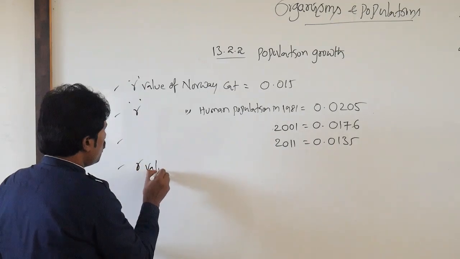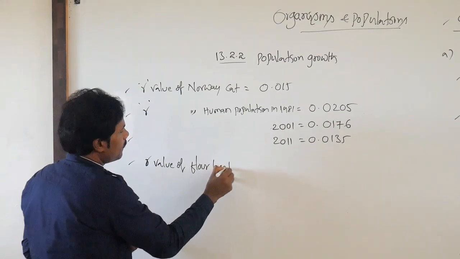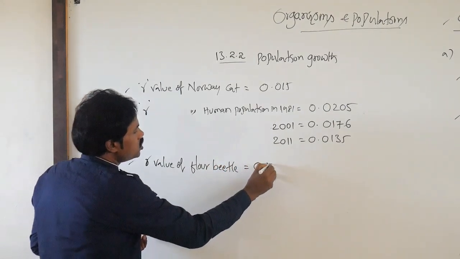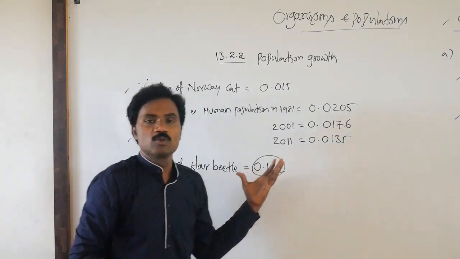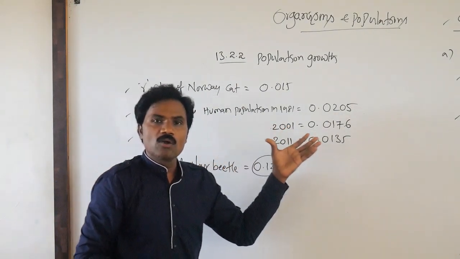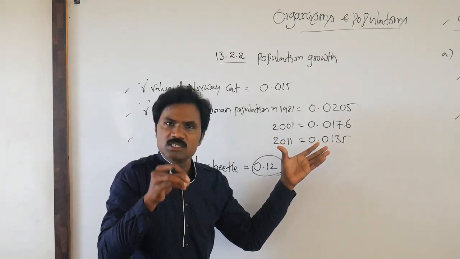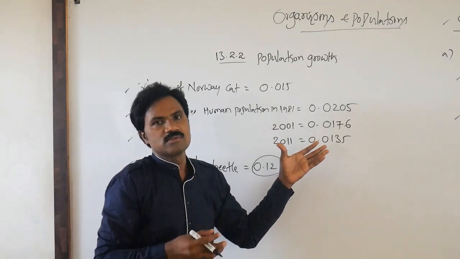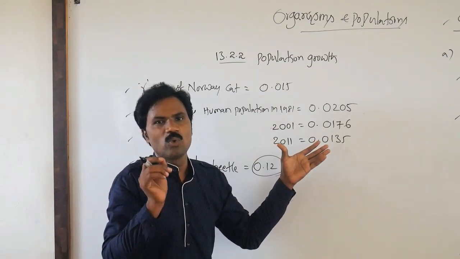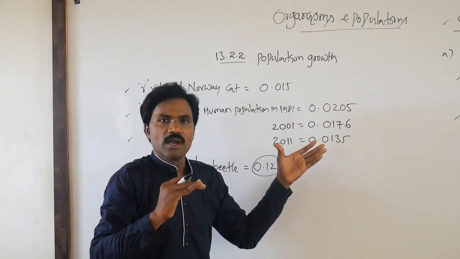The R value of 0.12, this one. But recently, in 2016, the human population's intrinsic rate of increase became 1.019. Why does the population increase relate to the R value?